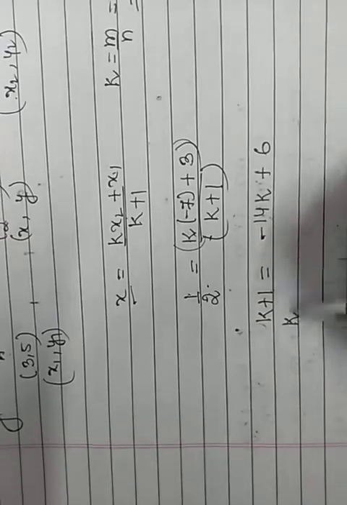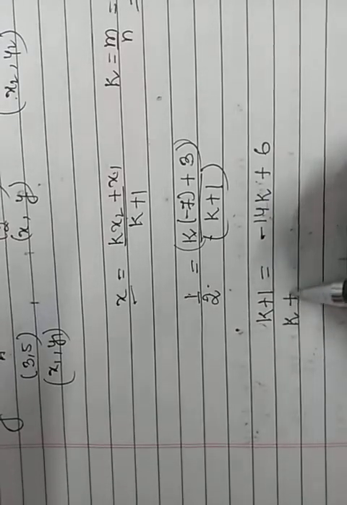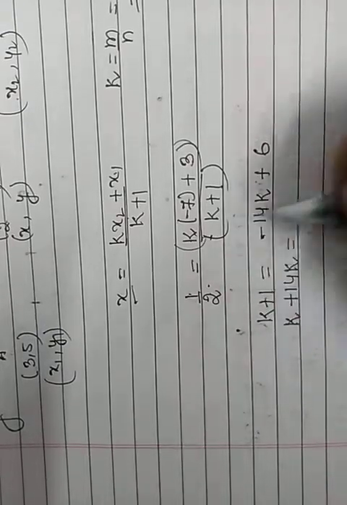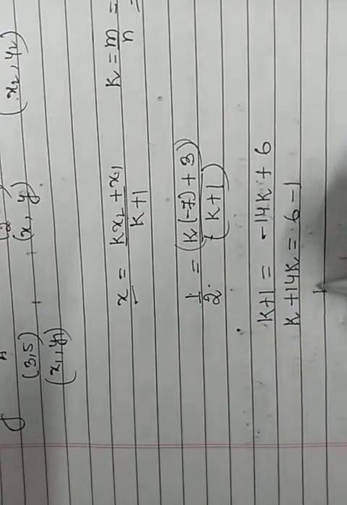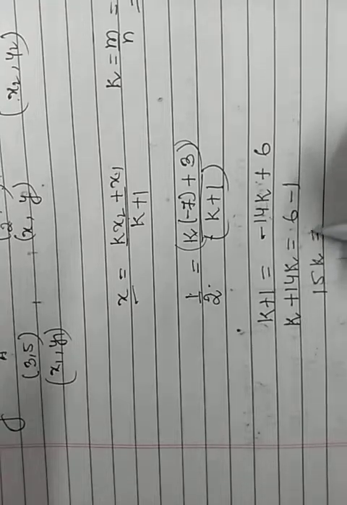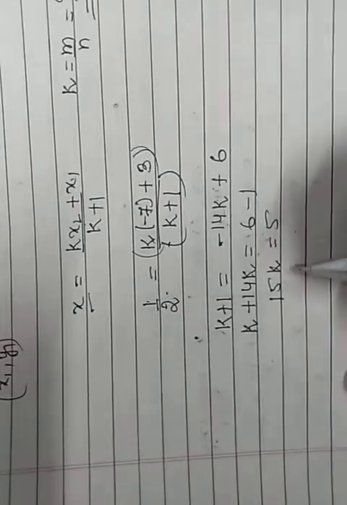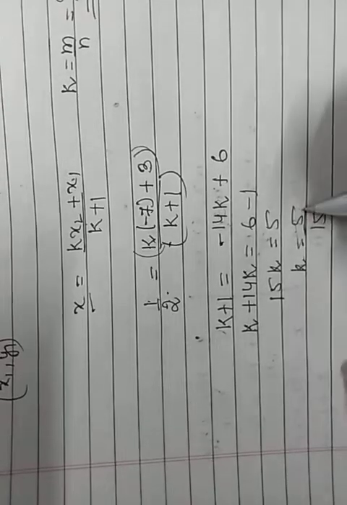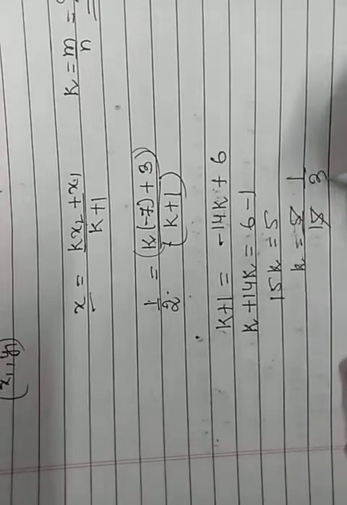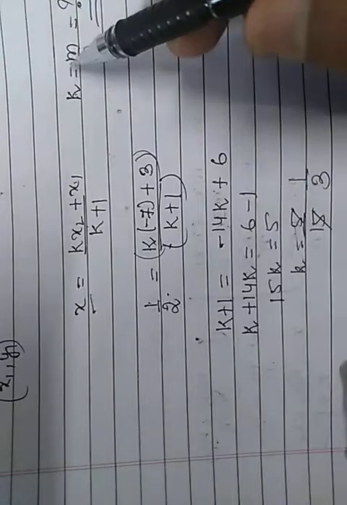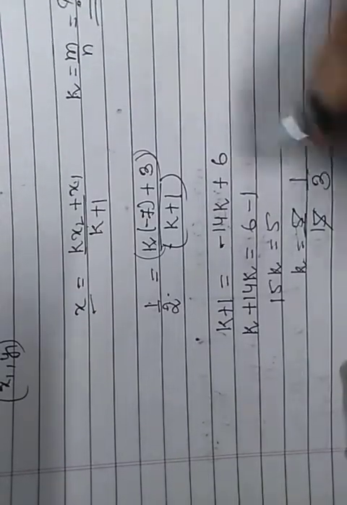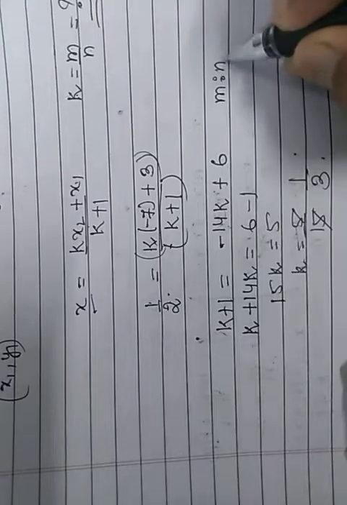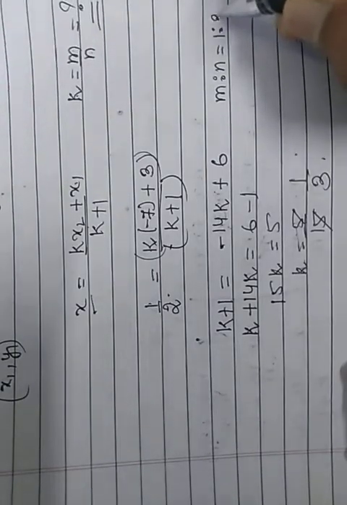So let k be here, this minus 14k, by transposition, here it is 15k, and this becomes minus 1. So 15k is equal to 5, or k is equal to 5 upon 15. So this is 1 upon 3. K is equal to 1 upon 3, it means m upon n is also 1 upon 3. So the ratio m ratio n is 1 ratio 3.